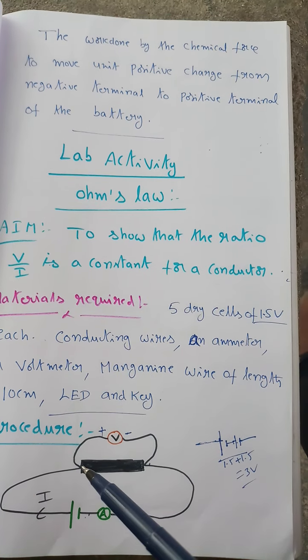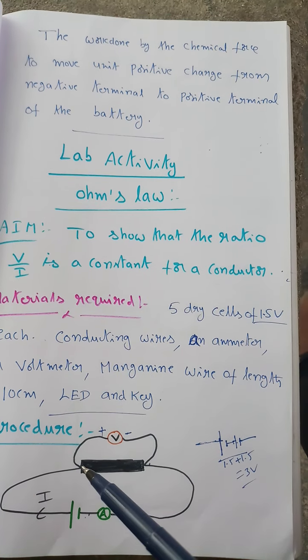Here also the same, here also the same. That means in all 5 times the ratio V by I is equal to a constant. Whatever numerical value we got here, the same value is here also. That means V by I equals a constant.